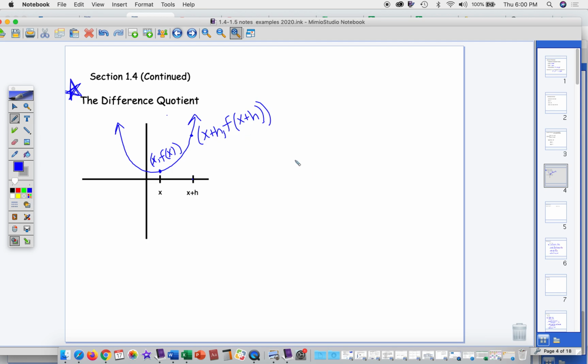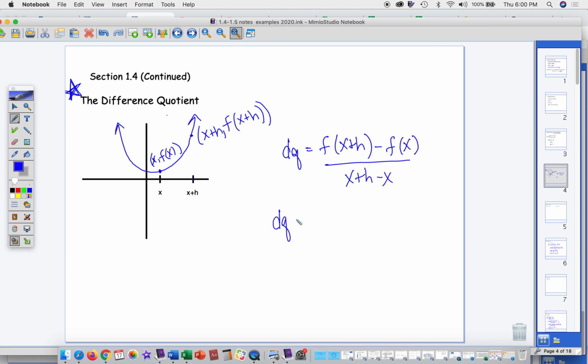And what we're going to do to calculate the difference quotient is calculate the slope between these points. So if I start with f of x plus h, and I subtract the y value of the other point, that's minus f of x, and then that's all over this x value, x plus h, minus x.